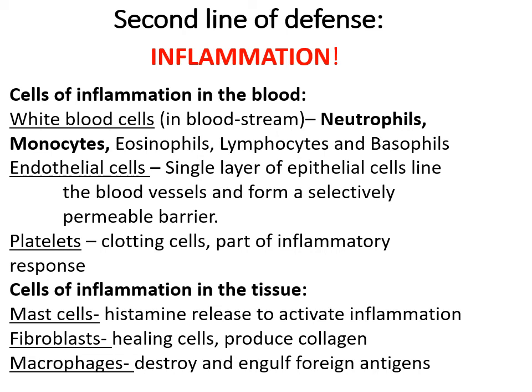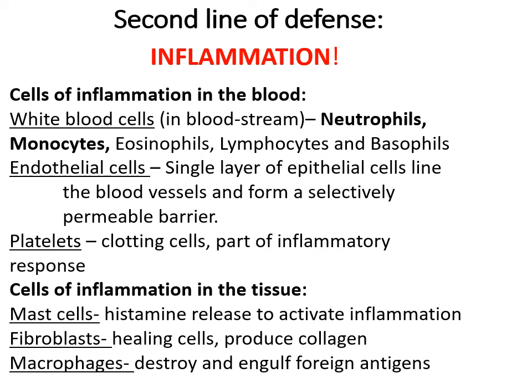Okay, what about the cells that are already in the tissue? So we spoke about cells that can come to the area, and in the innate immune system, that's neutrophils and monocytes turn into macrophages. What about cells that are already there in the tissue?